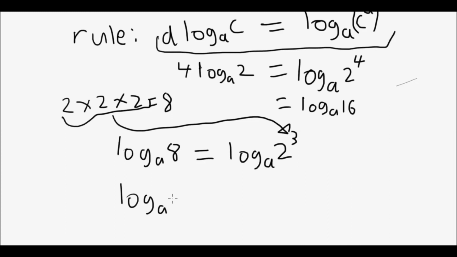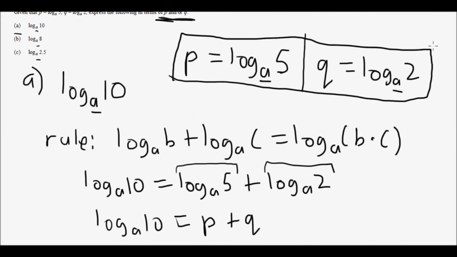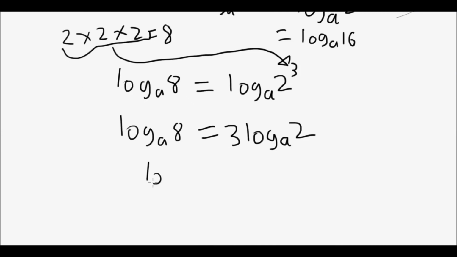Log A of 8 is going to equal 3 log A2. Perfect. Now that we have this, we're going to substitute log A2 as Q. So log A8 is equal to 3Q. And that's our answer.